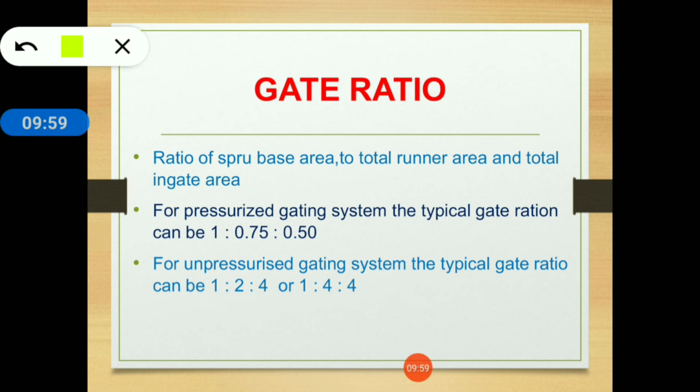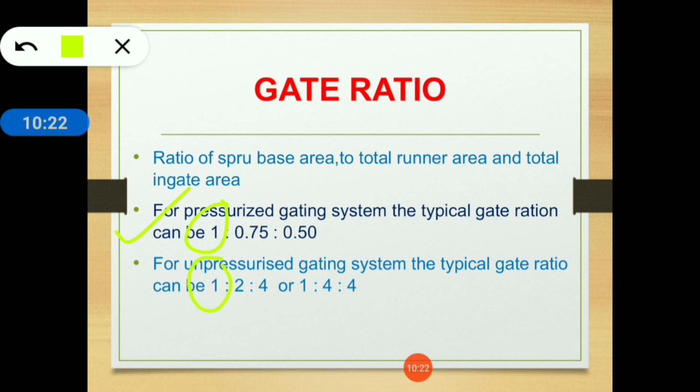In the pressurized gating system, the ratio decreases from sprue base to total in-gate area. In both systems, the sprue base area is considered as unity, taken as 1.